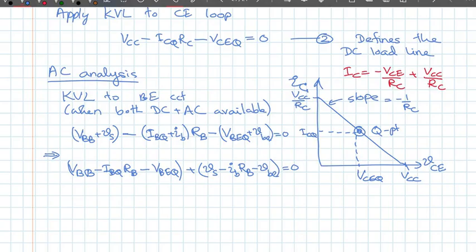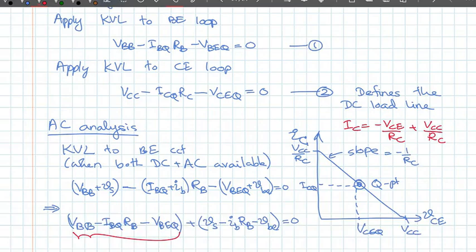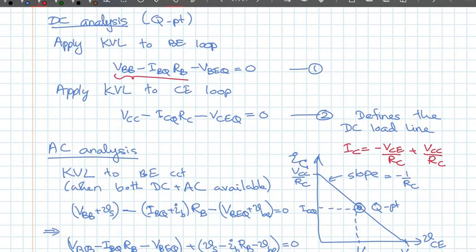But you see, the DC component here from equation 1 is equal to 0.